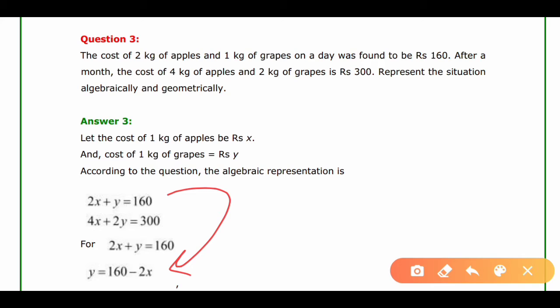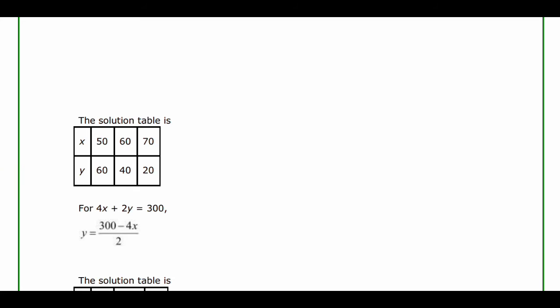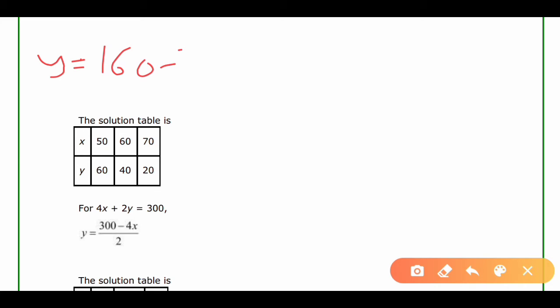Now, from the first equation, we can find the value of y. You can see here, y equals 160 minus 2x. Now we'll put random values in this equation.